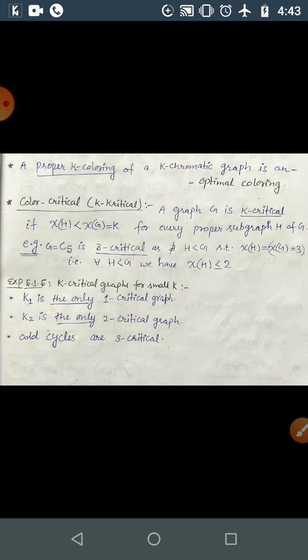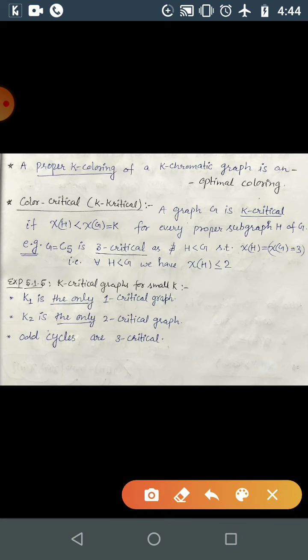Now come to some more definitions. We have done chromaticity. A graph is k chromatic if the chromatic number of the graph is k. And what do we understand by optimal coloring? We want to minimize the coloring, correct?